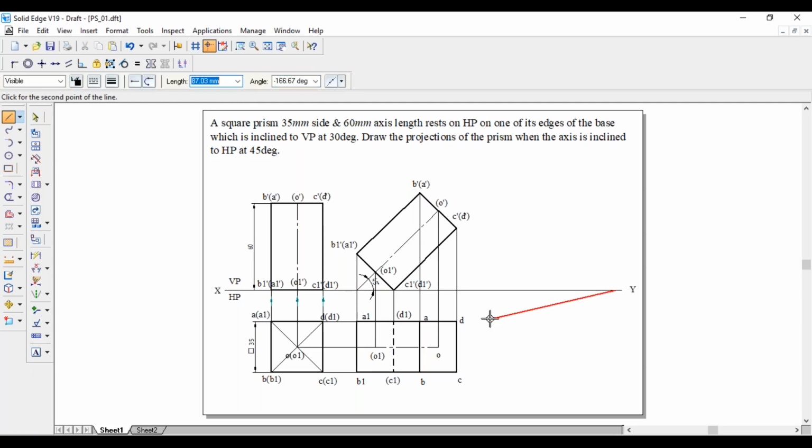So for that, what we have to do, leave some space below and take a horizontal line as a reference. From this point, draw 30 degree line.